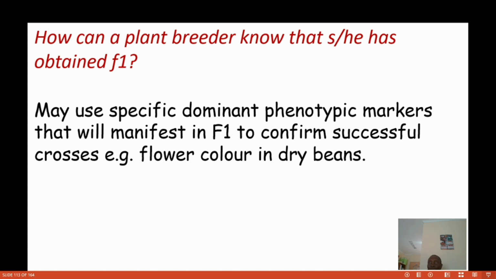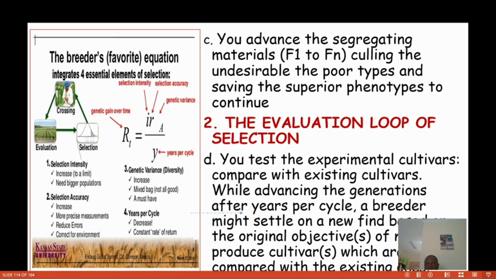It has to have plants that all look the same. But also, a breeder can use specific dominant phenotypic markers that will manifest in F1 to confirm successful crosses that have been done. For example, this may be flower color in dry beans. If the colors all look the same, as opposed to the differences in the parents, then you know that you have an F1.